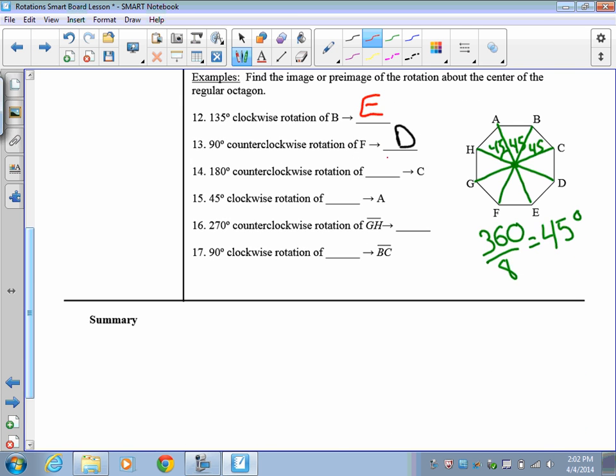Remember, 180 degrees is on the complete opposite side too. A 45-degree clockwise rotation would be a 45-degree counterclockwise. So it'd be H. Remember, when we're looking for the pre-image, we move in the opposite direction. So pre-image moves in the opposite direction.